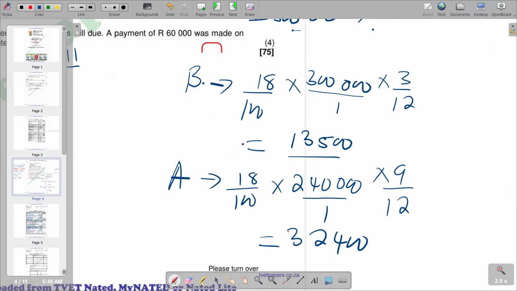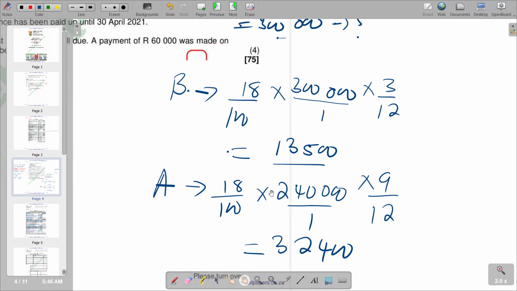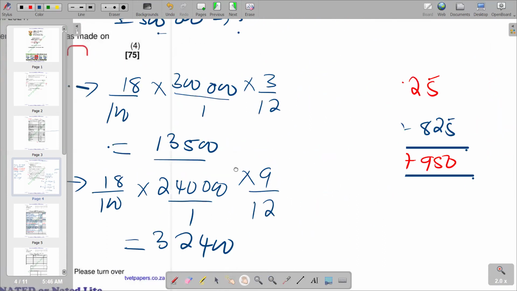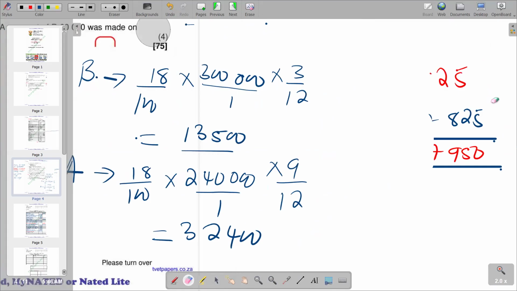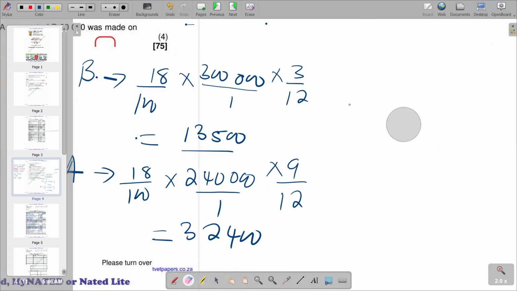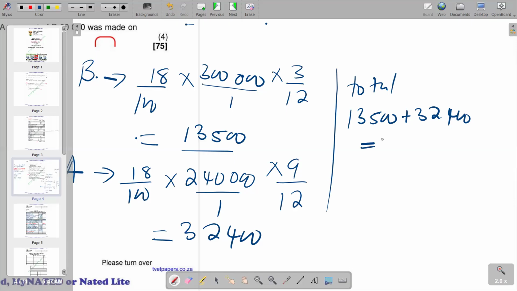So to get the total interest on loan, we are now saying 13,500 plus 32,400, and we get a total of 45,900. So this is the total for interest on loan. We are just going to summarize this working in our answer section.